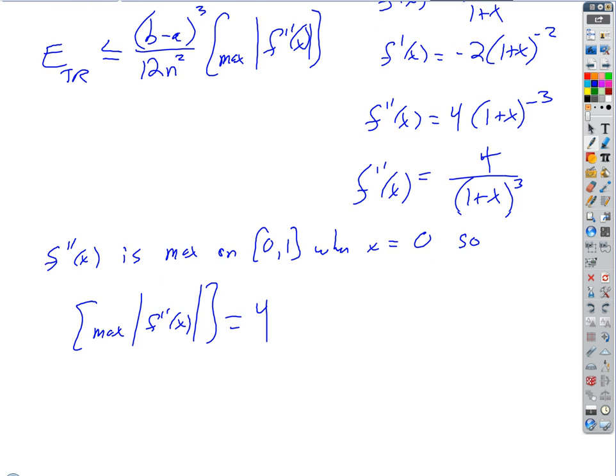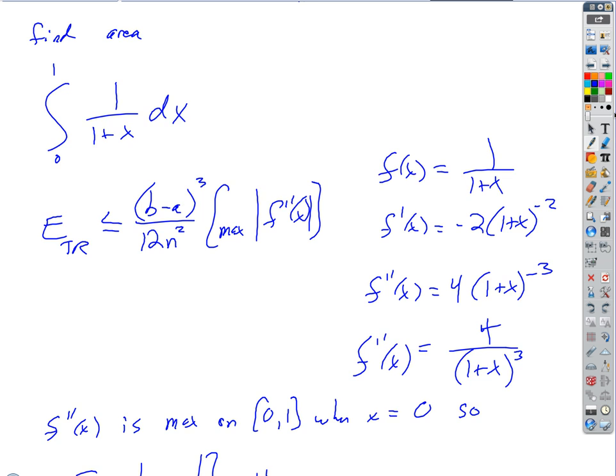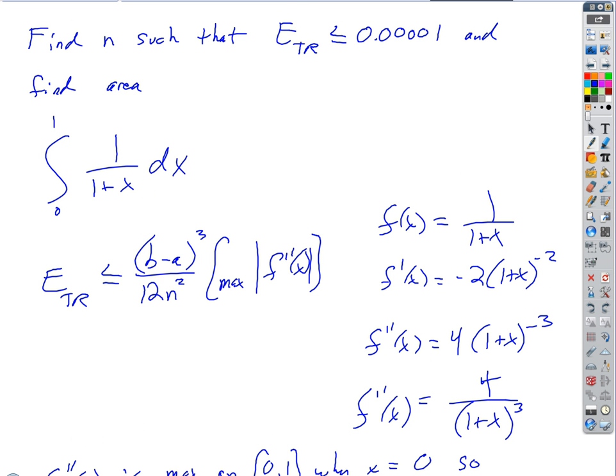So we'll go back up here. b is 1, a is 0, we're solving for n, right? And they told us that our tolerance was 0.00001, right? So then this equation is just going to become 1 minus 0 cubed over 12n squared times 4 is less than or equal to that tolerance.